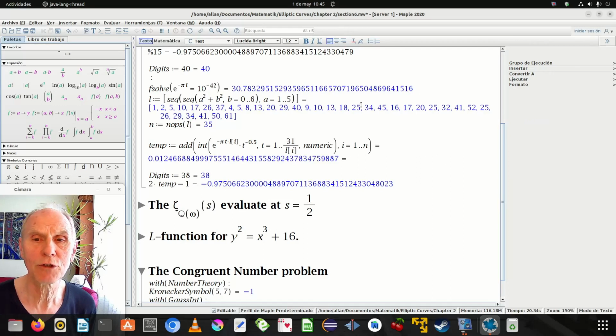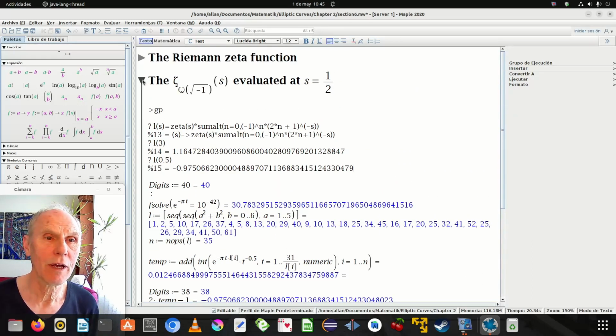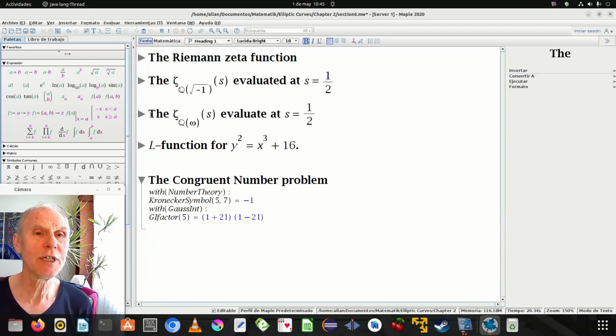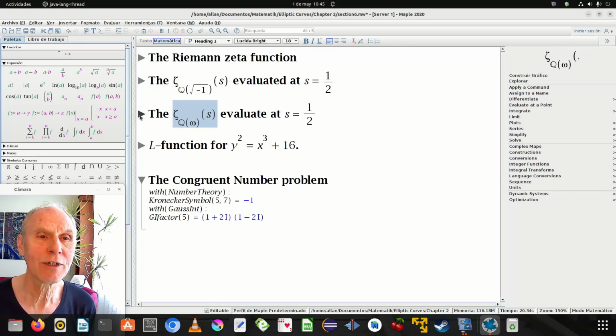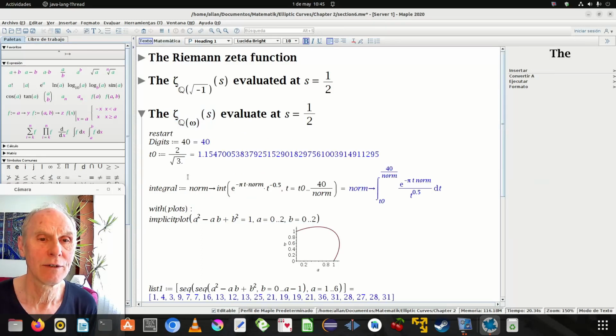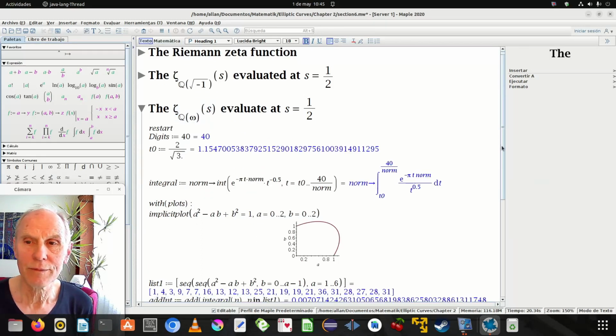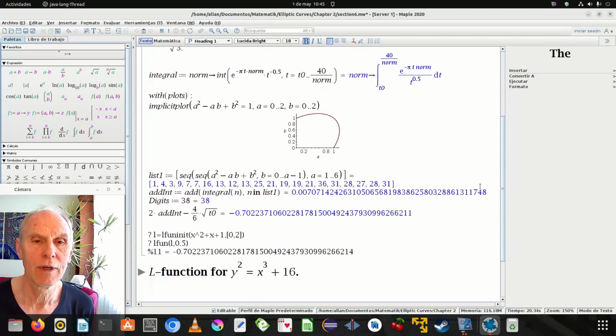Yeah, so that was right to 38 decimals. Then I was ready to do the zeta function of the Eisenstein field. And that worked as well.